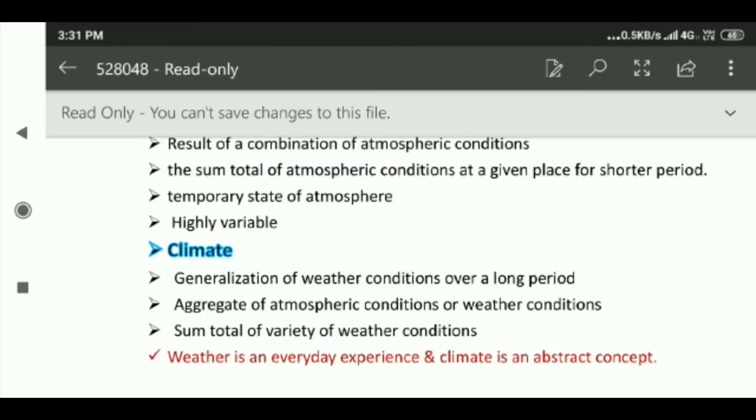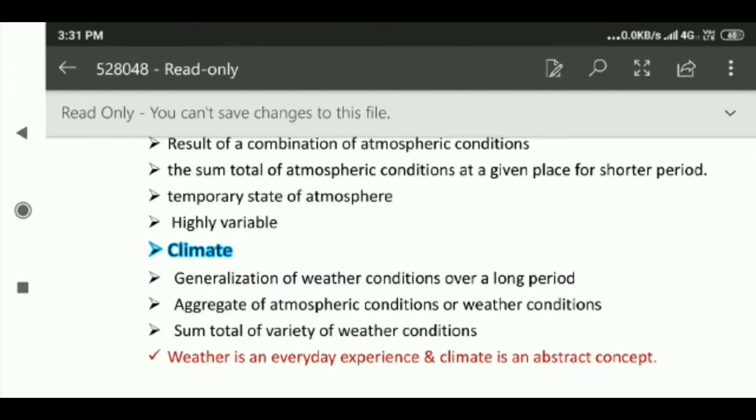Whereas climate is the generalization of weather conditions over a long period of time. It is the integration or assimilation or synthesis of weather at a given location over a considerably large period. The overall picture of weather conditions prevalent during at least 30 to 35 years represents the climate of a place or a region.